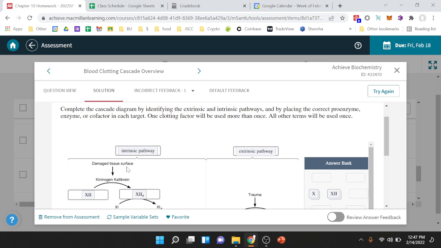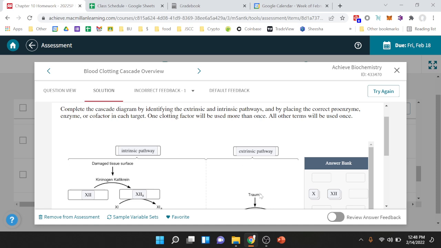The damaged tissue surface is the intrinsic pathway. And one of the ways you can help yourself remember that is insert something, right? So damaged tissue surface means that you have to damage the surface, meaning something is being inserted into you, like a knife stab, okay?